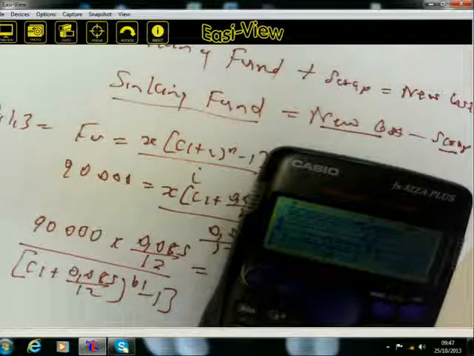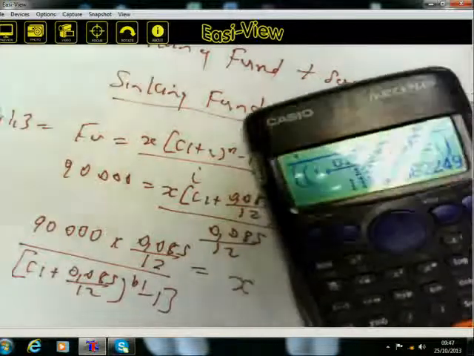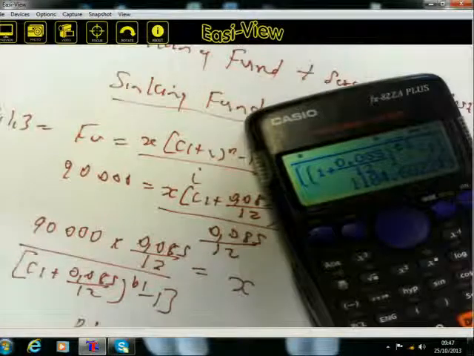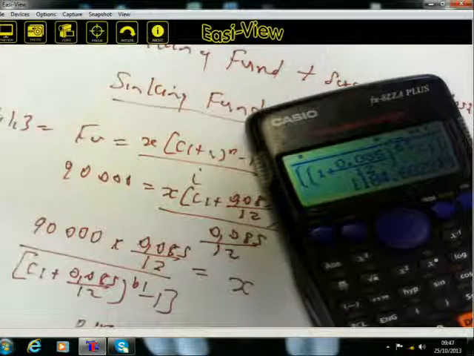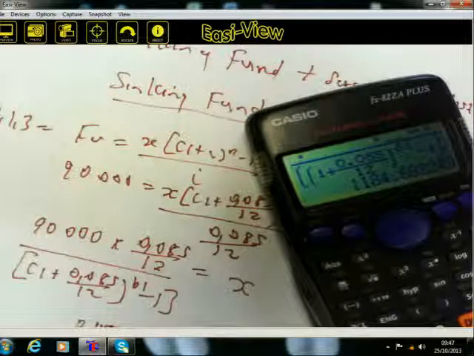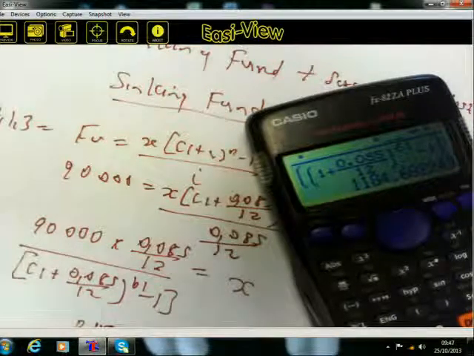Now, equal sign. Let us see what the monthly payment will be. They will have to pay 1,184 rand 68 cents. Do you have the same answer?